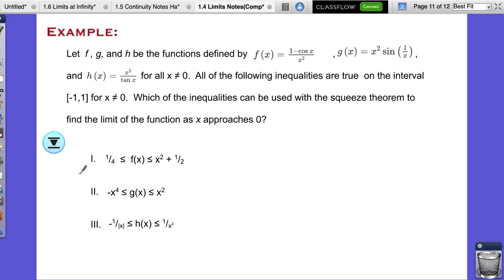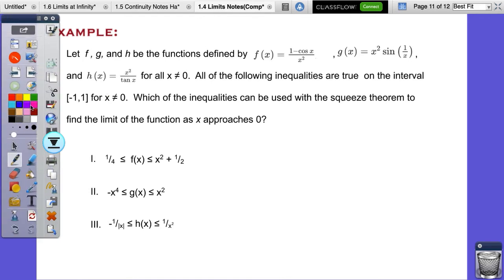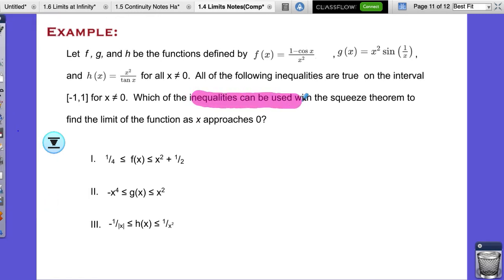So make sure you focus on the words that are important. It says, which of the inequalities can be used with the squeeze theorem? This question does not ask you to find the limit of f, g, and h.